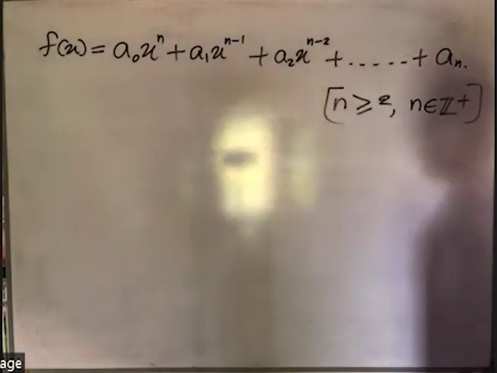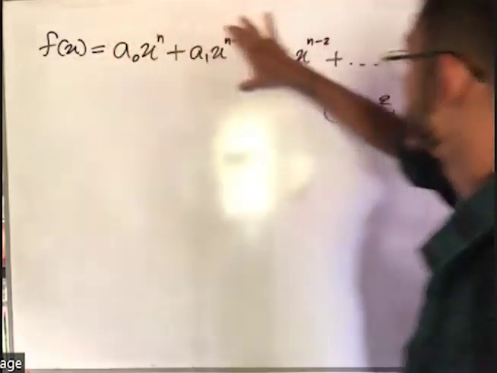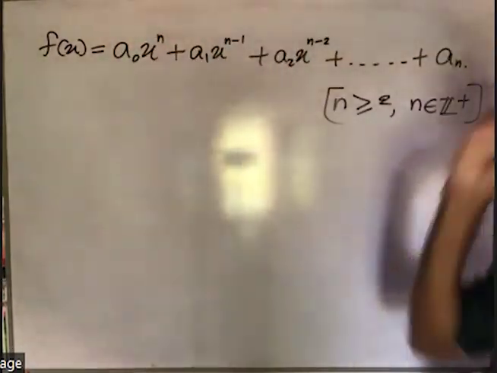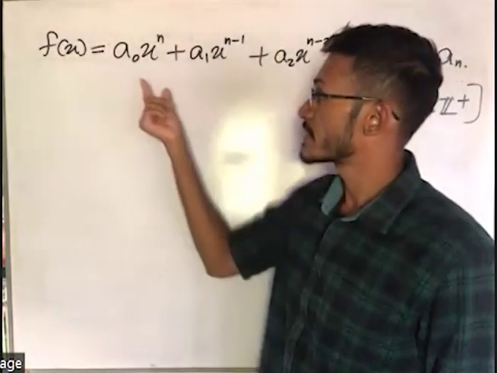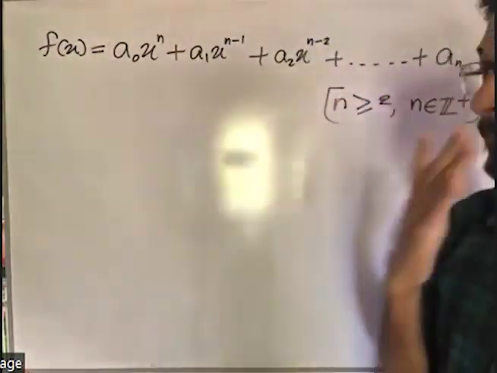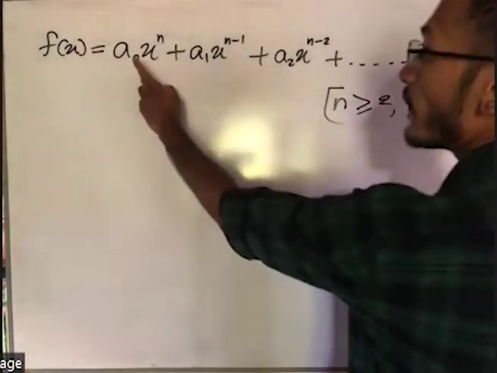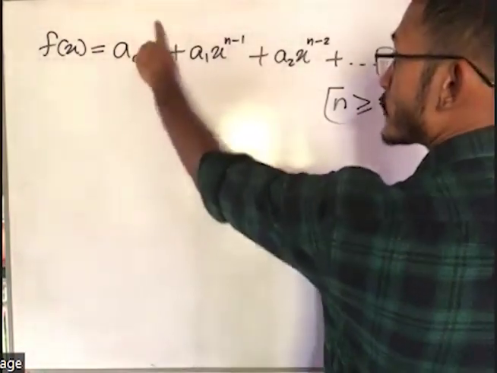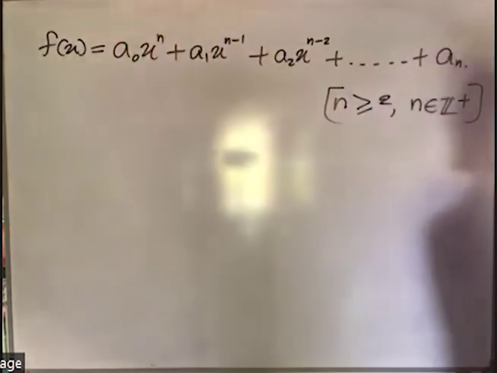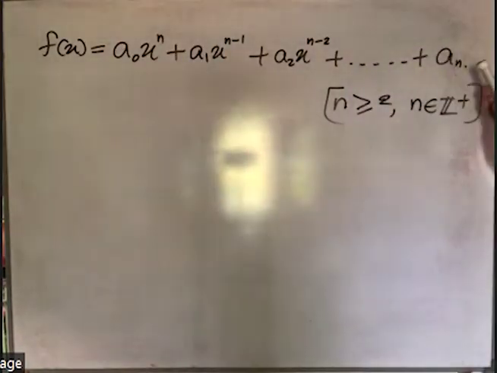This is the standard format of a polynomial function of degree n; we start from x to the power n down to x to the power 0.